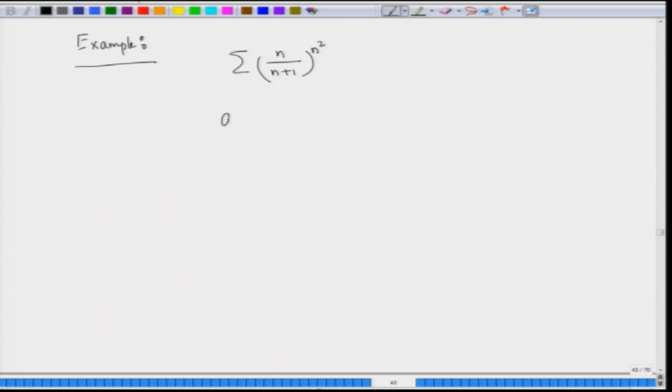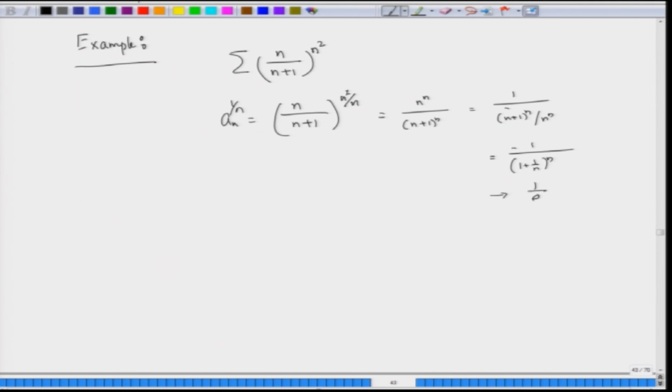So, let us see: a_n is equal to (n/(n+1)) to the power n squared. So, a_n to the power 1/n is equal to n to the power n divided by (n+1) to the power n, which is equal to 1 over ((n+1)/n) to the power n, which is equal to 1 over (1 + 1/n) to the power n. This converges to 1/e, which is less than 1. Therefore, this series is convergent.